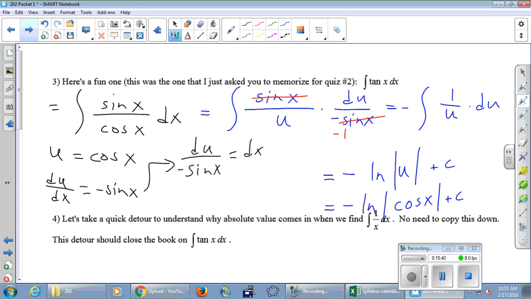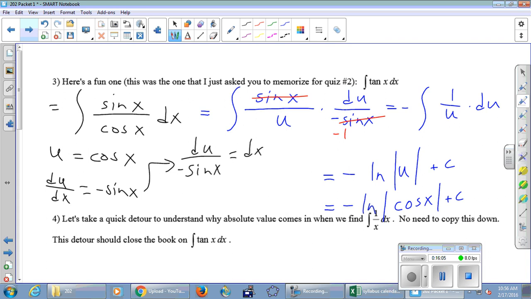Good question. Do we need to put the absolute value or are we going to lose points? I'm going to answer that question in just a moment. Any questions on this? Aside from why the absolute value mysteriously appears when we do this ln. It's a negative ln of cosine. Makes sense. It's just a u substitution.